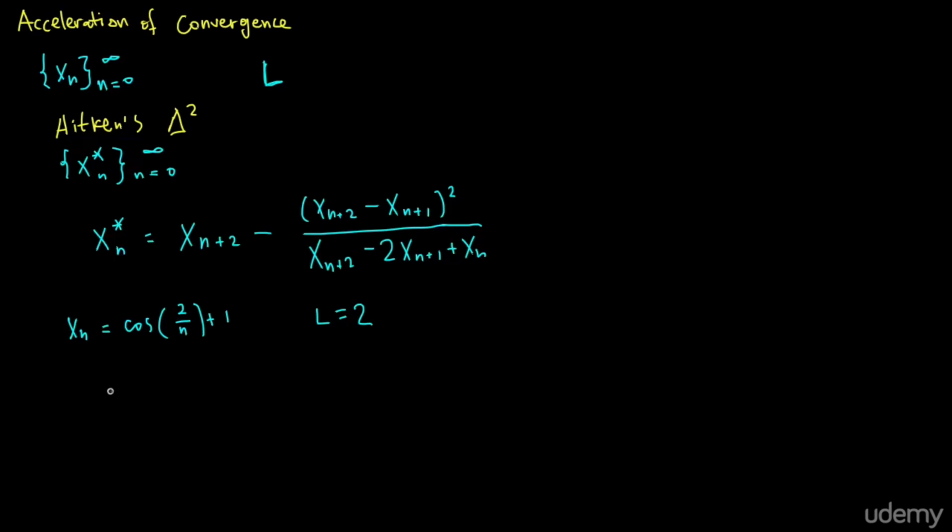In order to determine a particular x star n term, because that's what we're actually after, we need to have the terms x_n, x_{n+1}, and x_{n+2} as well. So we actually have to determine the first 7 if we're interested in the first 5 terms of x star. We need to determine a whole 7 terms of x_n.